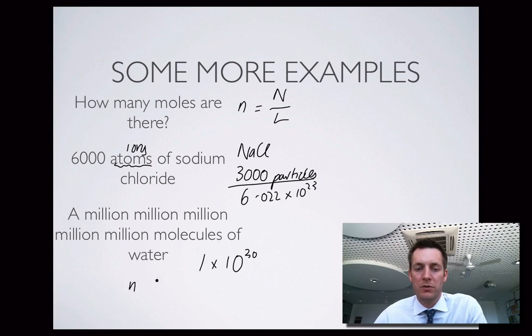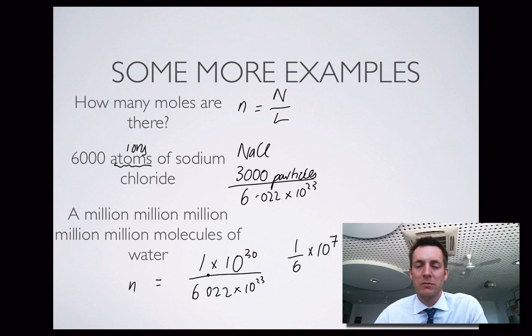The number of moles of water is quite simply the number of particles divided by 6.022 times 10 to the 23. We could do that on our calculator. It's going to be approximately 1/6 times 10 to the 7. So that's not that big a number of moles. This is about 1.5 million moles. That seems like a ridiculous number of molecules, but as we can see, the number of moles is not that big. So that's why the mole is really good for counting atoms and molecules, because it turns things into manageable numbers.